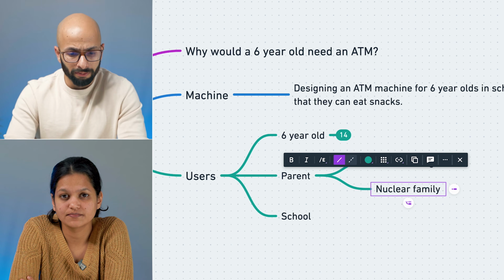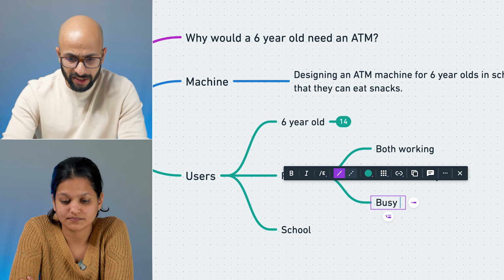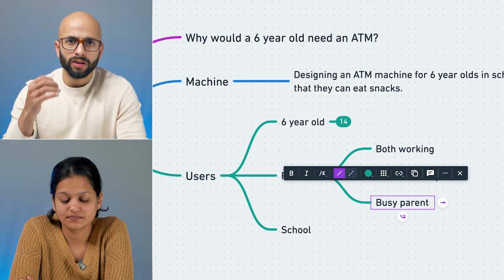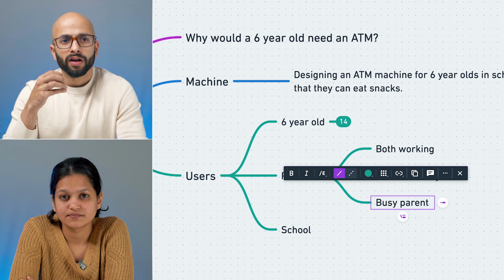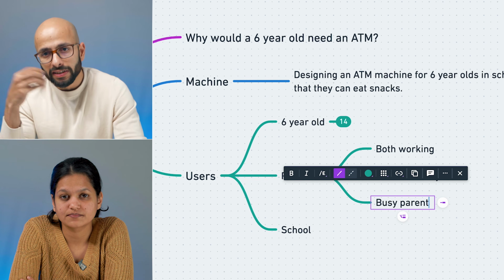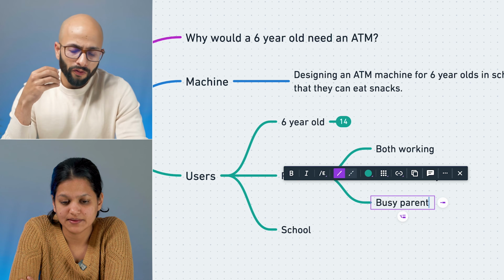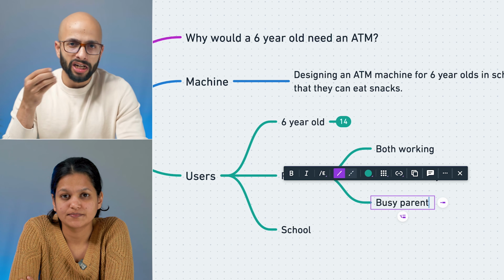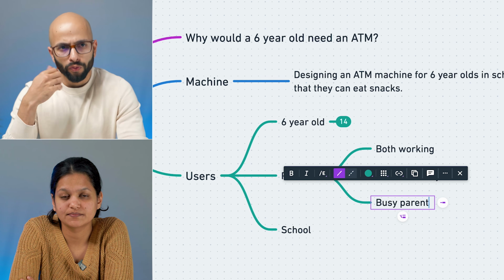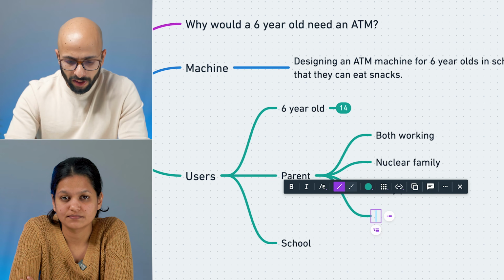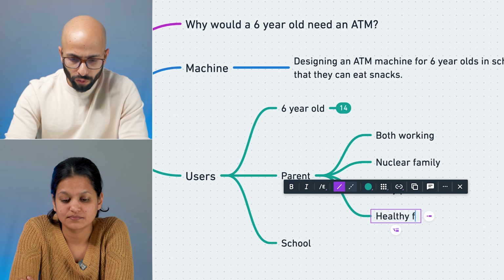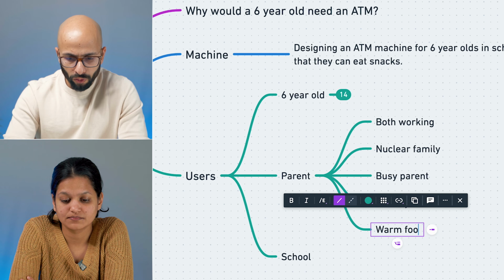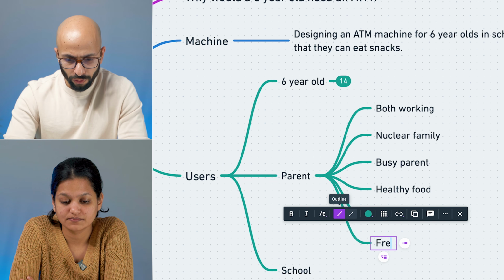So they're busy parents, right? I don't think they have time to cook meals all the time, so they might miss out giving those meals. And for a parent, it's very important that my child has healthy food, warm food, and fresh food.